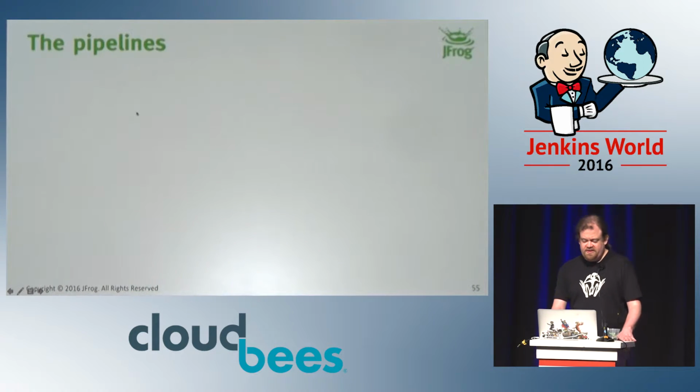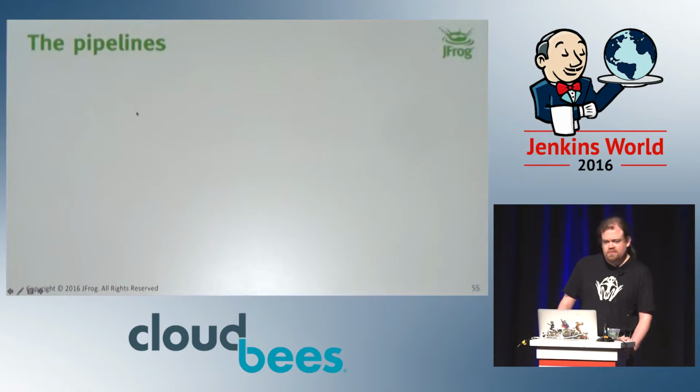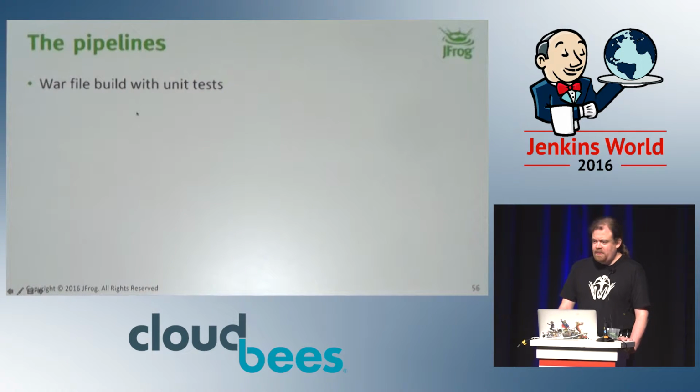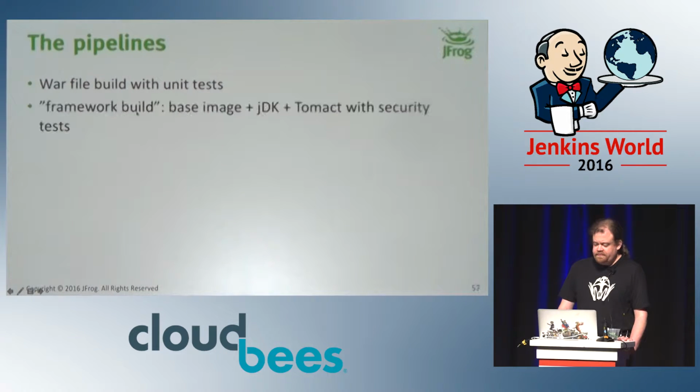So, pipelines. I'm actually going to talk about this as 3 pipelines. If I wasn't using a snapshot build, it could be consolidated down to 2. But right now, I have 3 pipelines. The first one is the pipeline that builds my war file, a Gradle build. The second one is a pipeline that builds the framework layers.